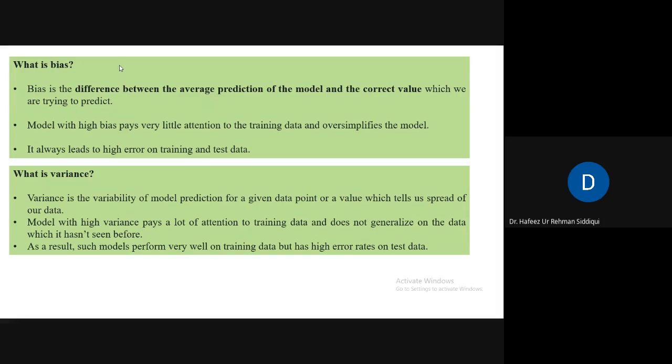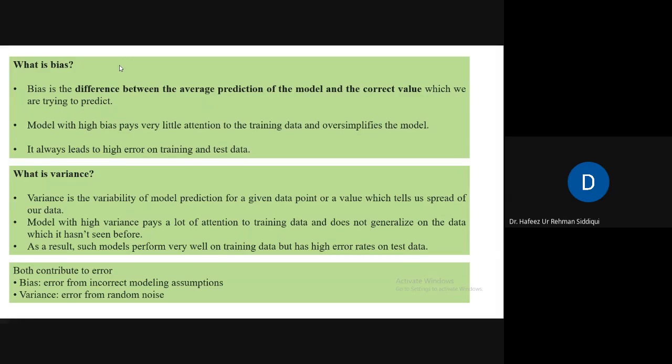It is too much trained and doesn't generalize to unseen data. The result is overfitting, and overfitting is actually a variance problem. Bias is error from incorrect modeling assumptions, and variance is error from random noise.